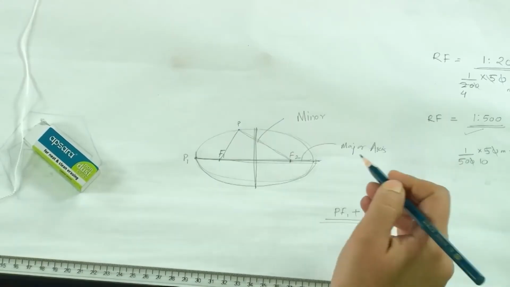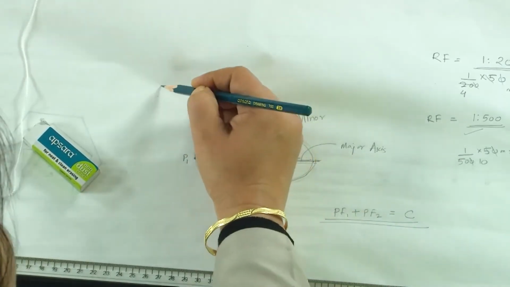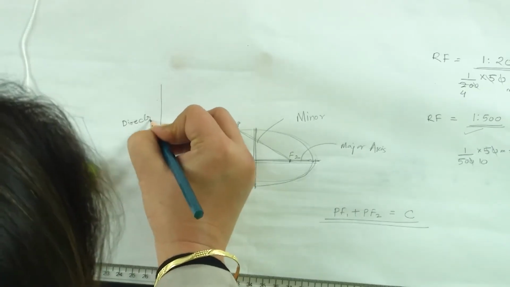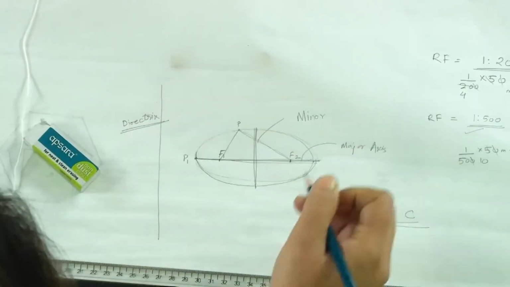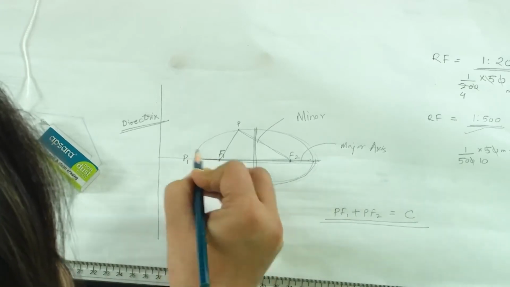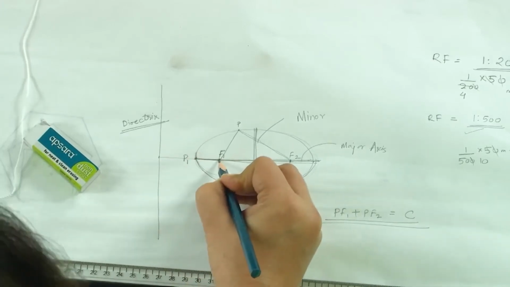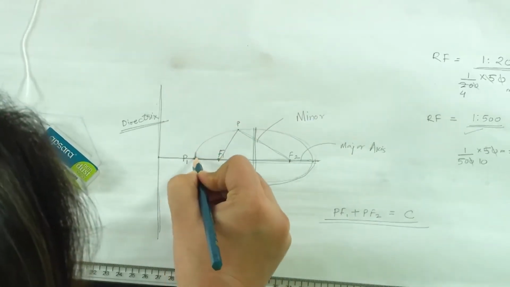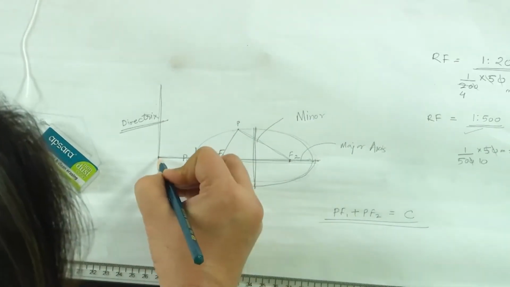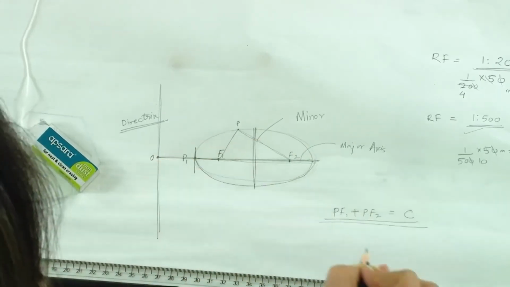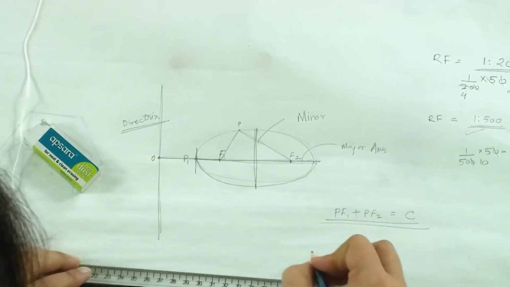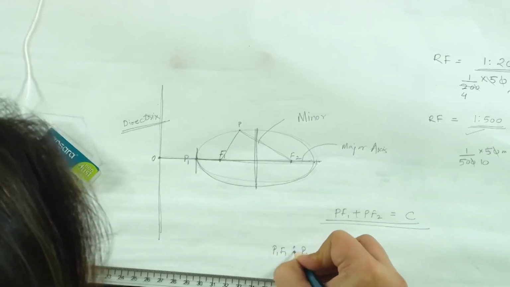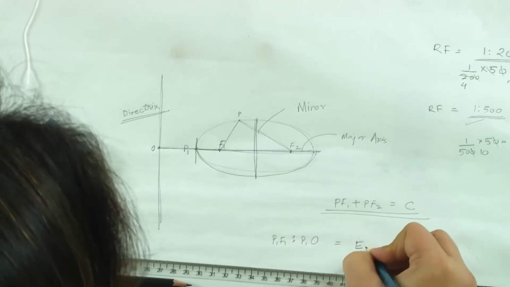One more thing which we would need to know when we are drawing this ellipse is a directrix. This line is called directrix, and the distance of the nearer focal point from this directrix and the ratio of this distance from this directrix, for example, this is O. So, the ratio of P1F to P1O is called its eccentricity.